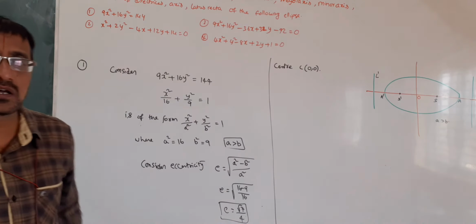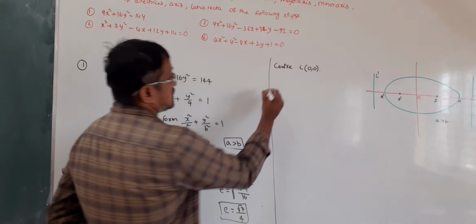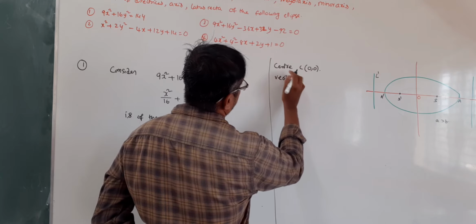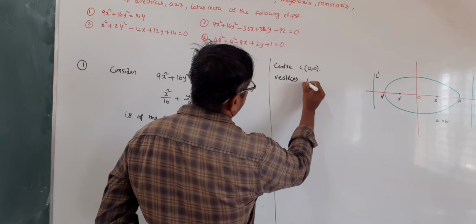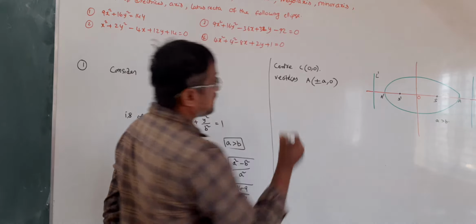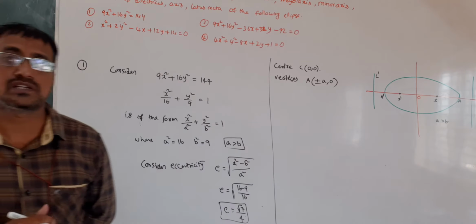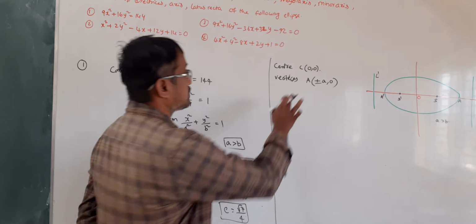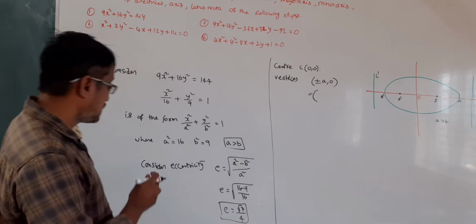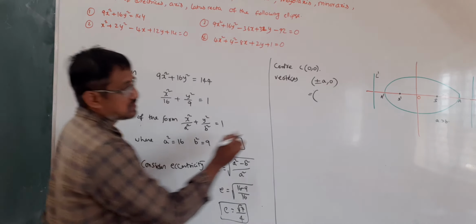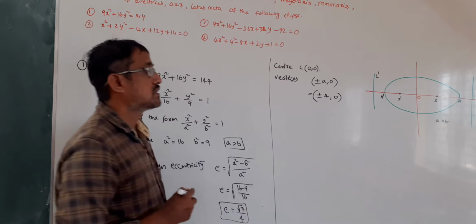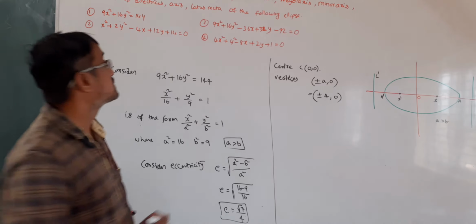Center is at the origin. Now vertices of the ellipse are (plus or minus a, 0). What is a here? a is equal to 4. So you will get plus or minus 4 comma 0. Those are the vertices of the ellipse.